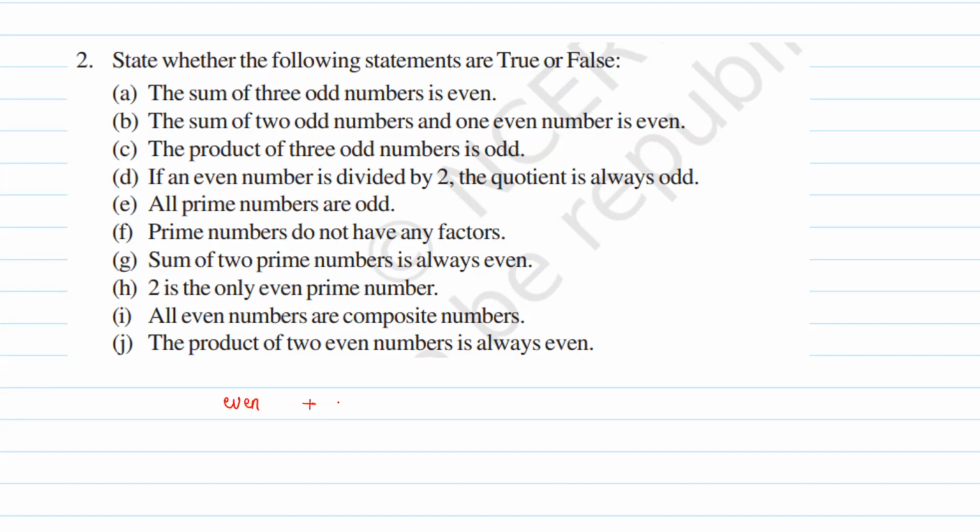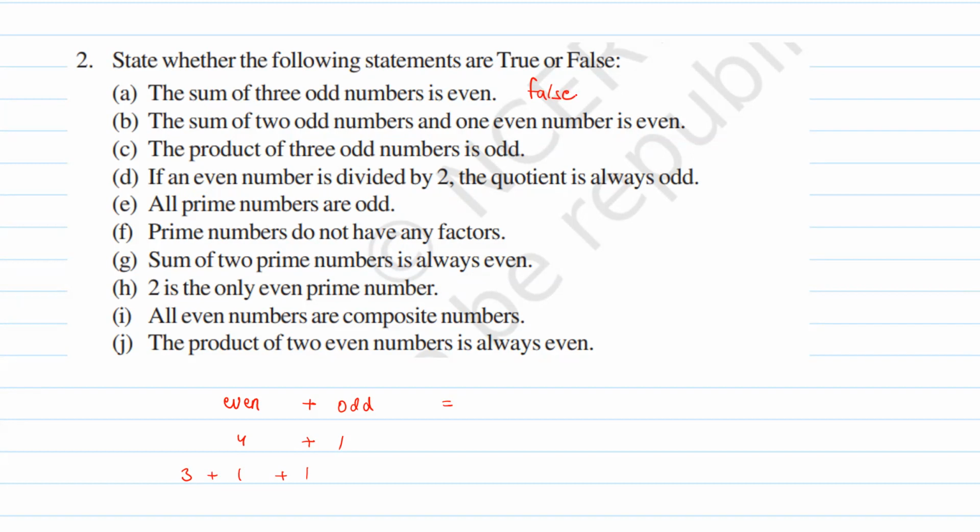And when we add even plus odd, it will not always be even. It can be odd as well. For example, 4 plus 1. So I can write it as 3 plus 1 plus 1, which is an odd number, right? So it will be false.